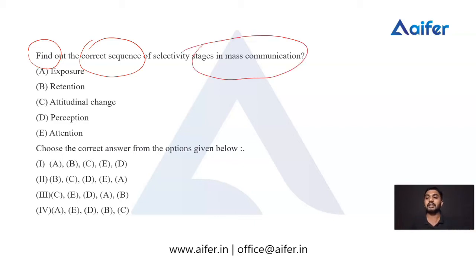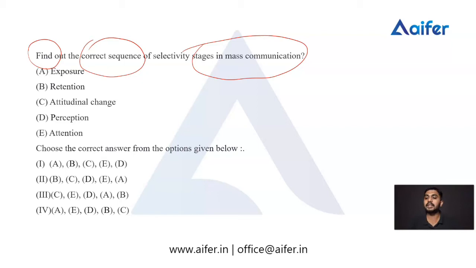We are given 5 stages: exposure, retention, attitudinal change, perception and attention. Out of these 5 stages, we need to arrange the correct sequence of stages in mass communication. And we have been given some options.